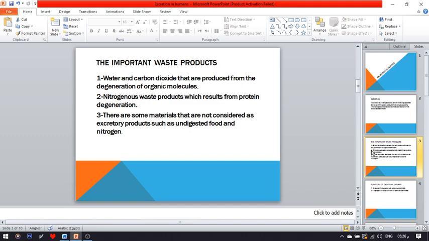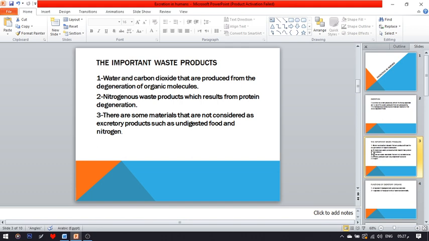The second waste product that must be excreted is the nitrogenous waste products such as ammonia, urea, and uric acid, which are the result of protein degeneration.